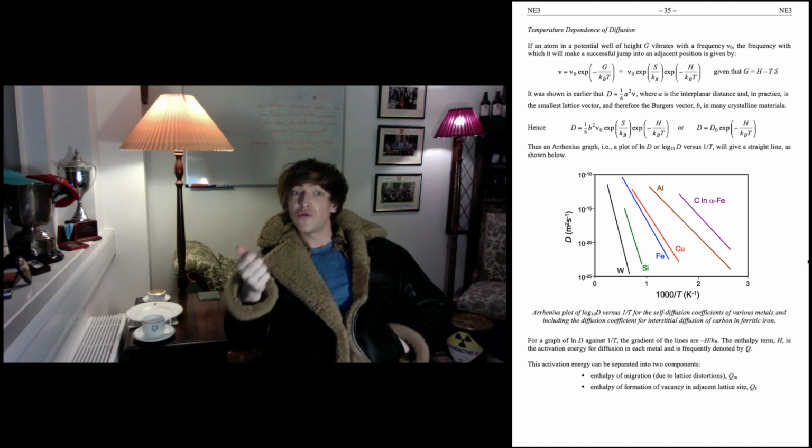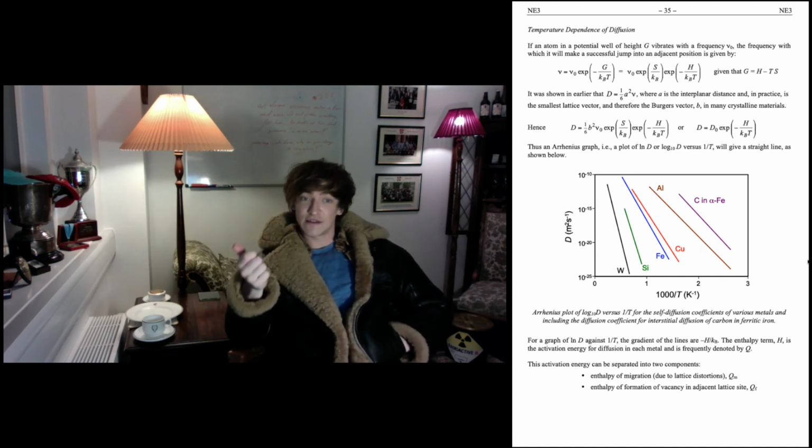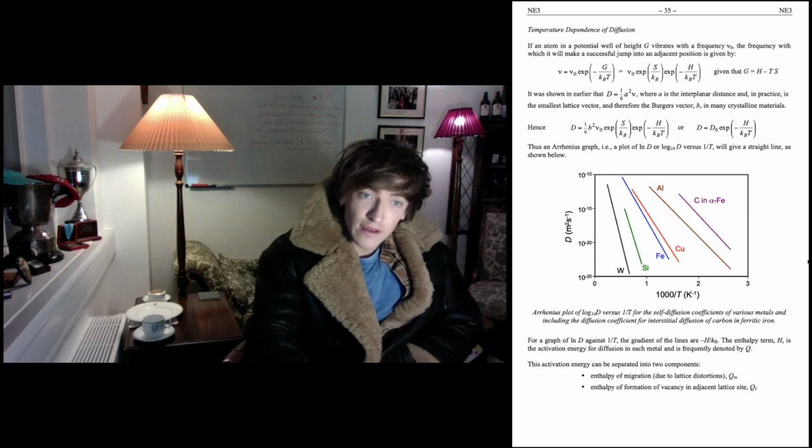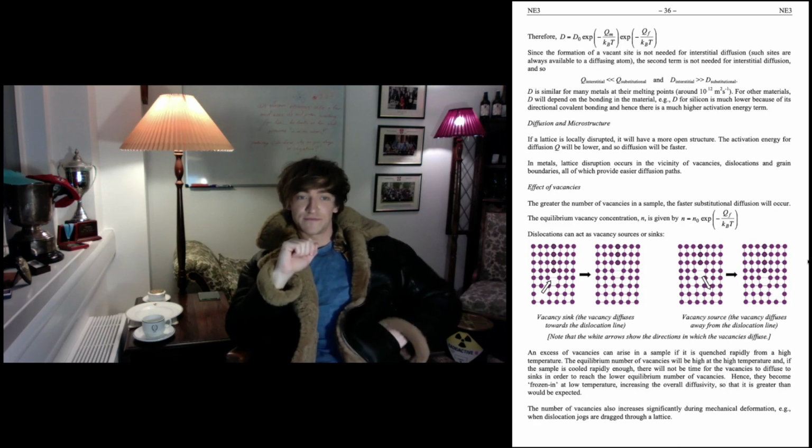We can separate it into Qm, which is the enthalpy of migration due to lattice distortions, and Qf, the enthalpy of formation of vacancies in adjacent lattice sites. So, given that, we can find the following equation for diffusion.